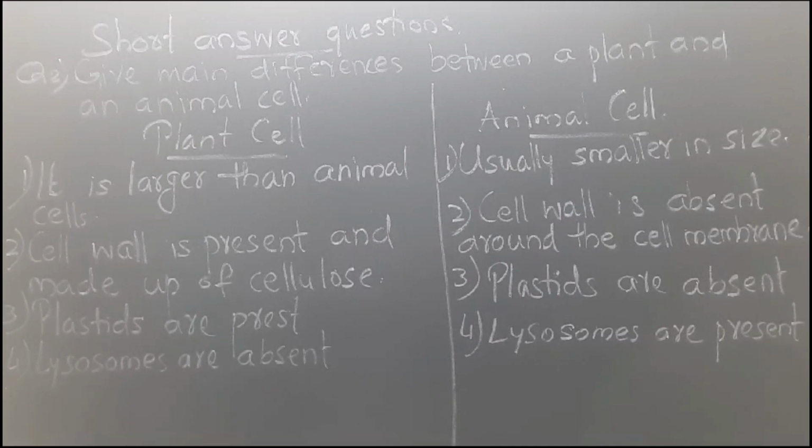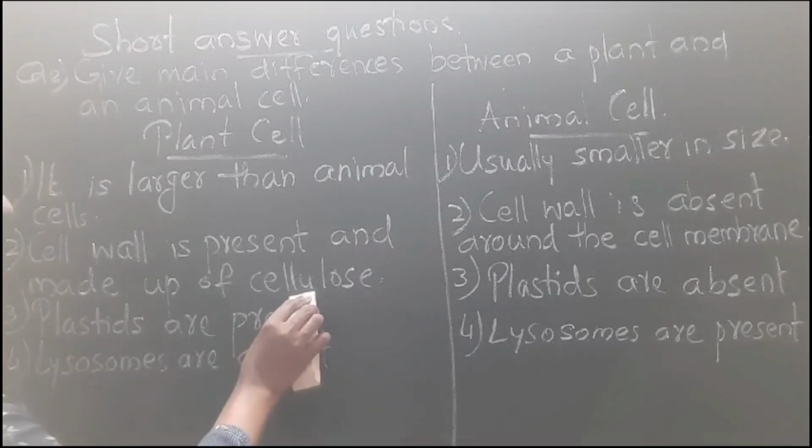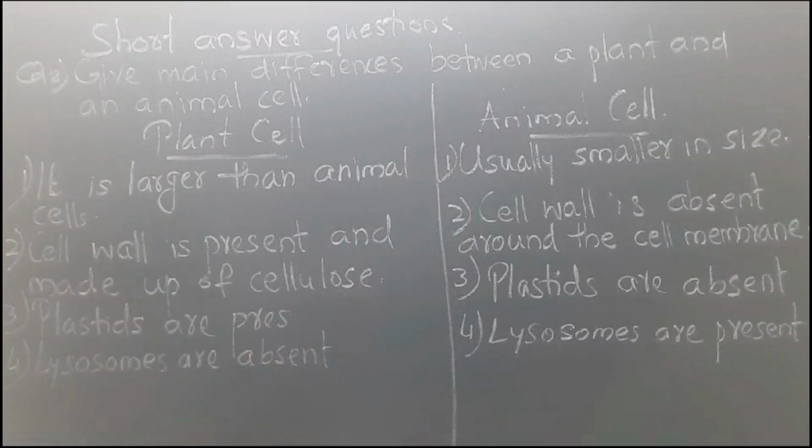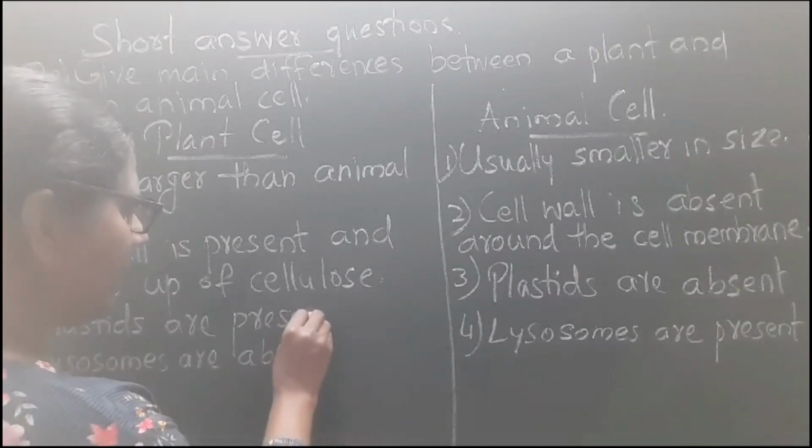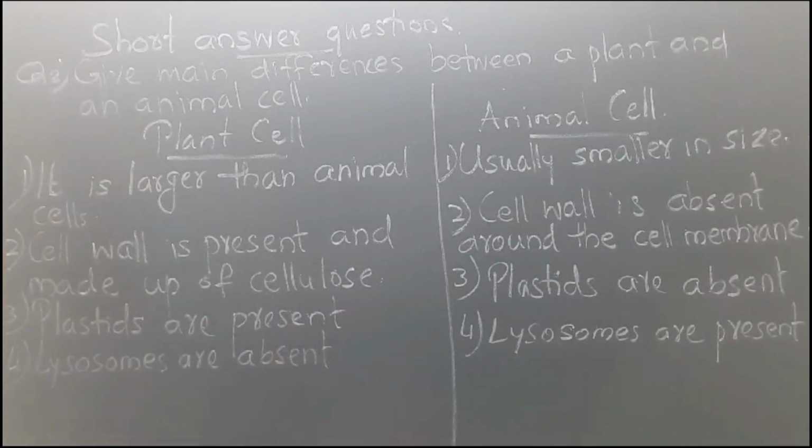Number 3, in plant cells, plastids are present. In animal cells, plastids are absent. Next, fourth point.